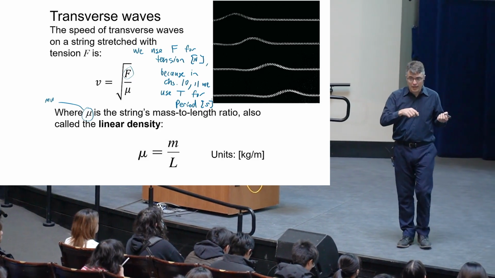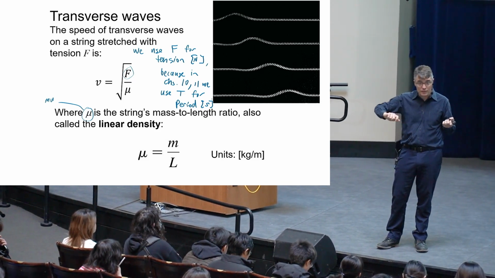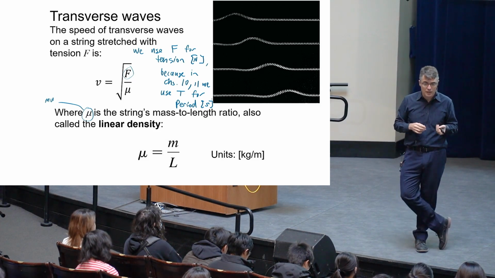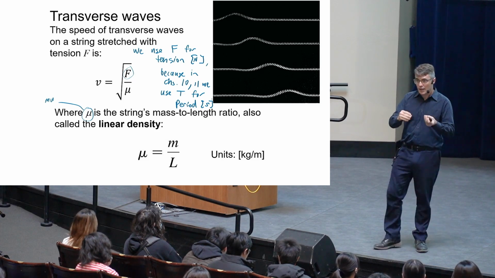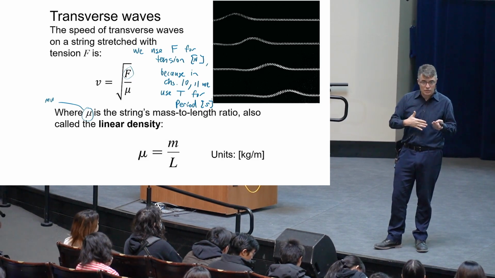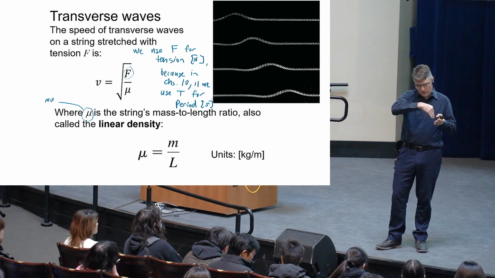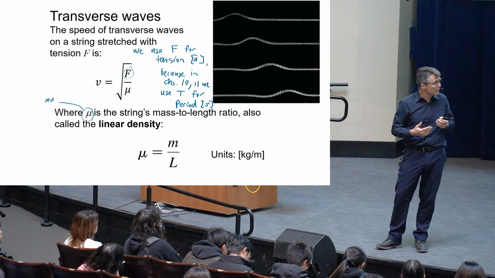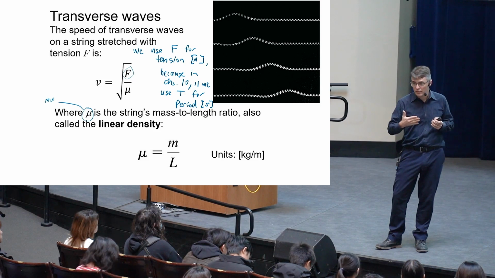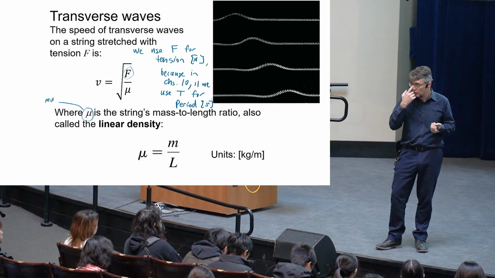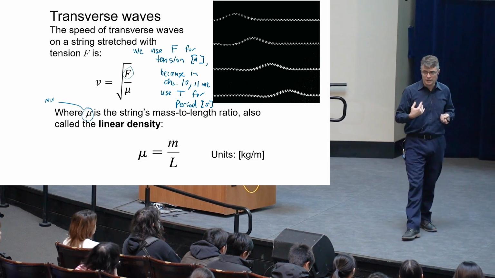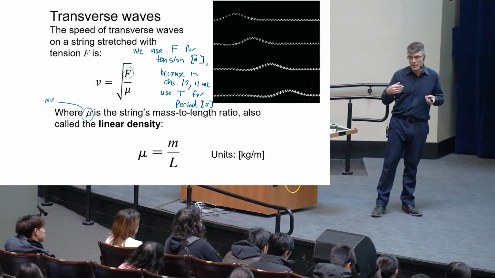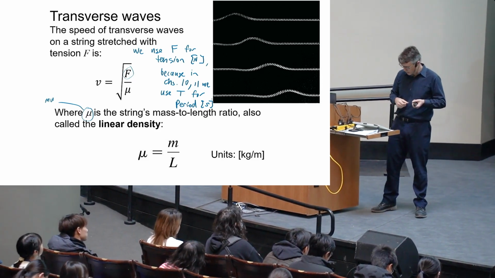If you pluck a guitar string and increase the tension, F, by cranking up the knob, you increase the speed of waves, and you increase the frequency. If you have thicker strings all at the same tension, which they tend to be, so it doesn't torque your guitar around, the thicker strings will have slower speed and a lower note. So the low E has a thicker metal string, and the high E has a tiny little thin string. So there's always your high E string that breaks first.